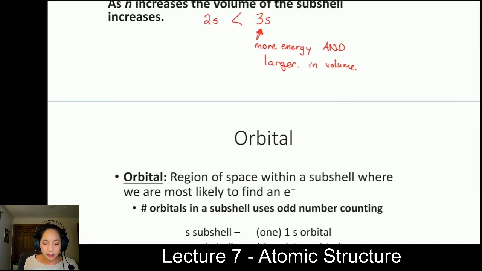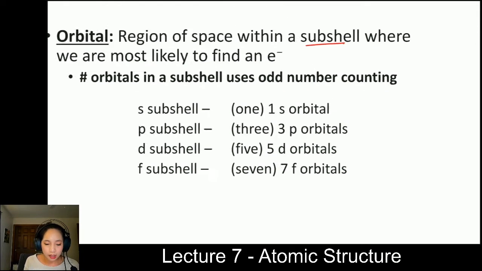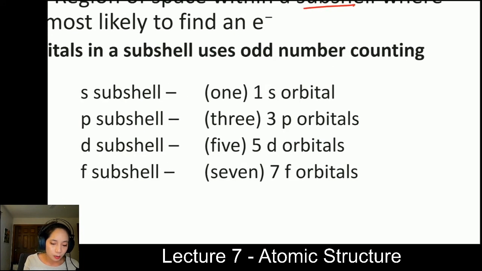So our next quantum number is orbital. An orbital is the region of space within a subshell where we are most likely to find an electron. The number of orbitals in each subshell differs, and it uses this odd counting number. Within the s subshell, there's only one possible s orbital.